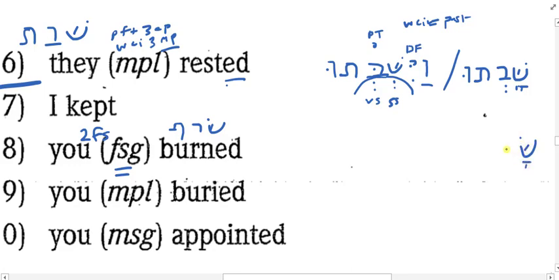So the Qal perfect 3FS is saraf. Okay? It looks like that. We want to add the 2FS perfect ending. What is that going to be? It's a tav. What's going to go under it?